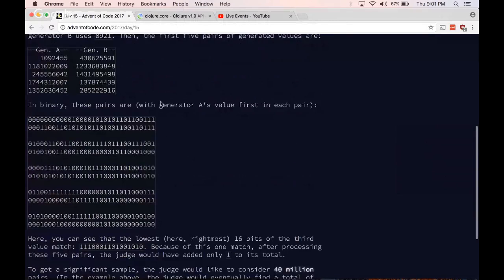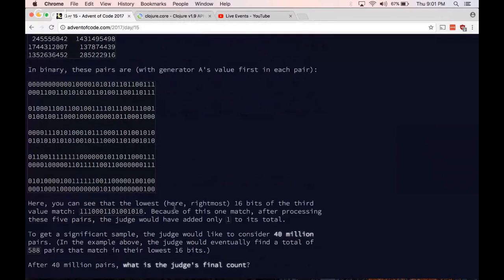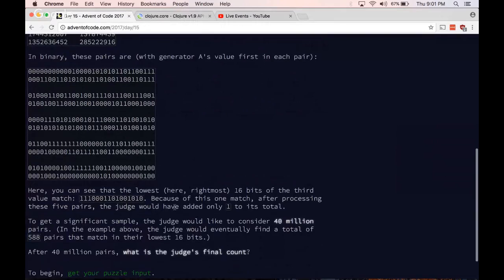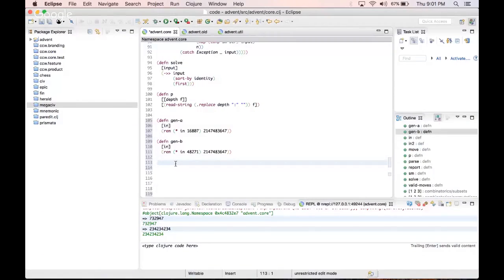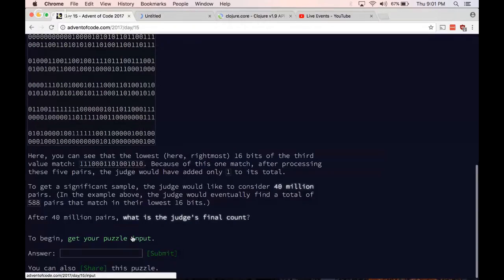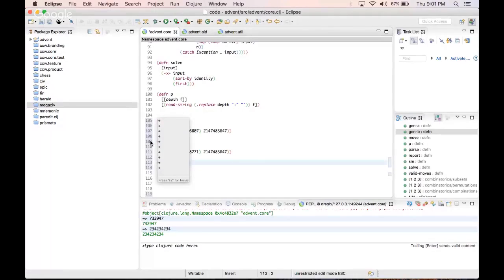Okay, binary. Here you use the lowest. To get what is the judge's final count after 40 million pairs? So let's see, we got to get the puzzle input. We know that we're going to do something like iterate gen A starting here.